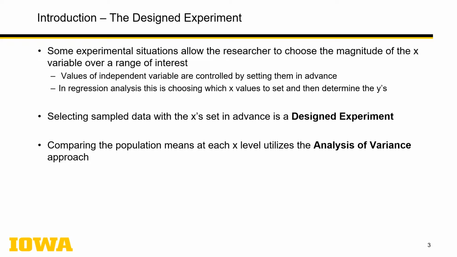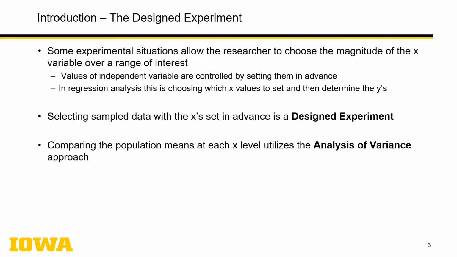We've already seen this to some extent if you did the modules associated with regression analysis, where you could pick an x, say the RPMs of a motor, and you set it to a certain value, and then you see the pump rate associated with the pump that's attached to the motor, right? And then you dial in a new RPM and determine the pump rate again. So that's kind of the idea here.